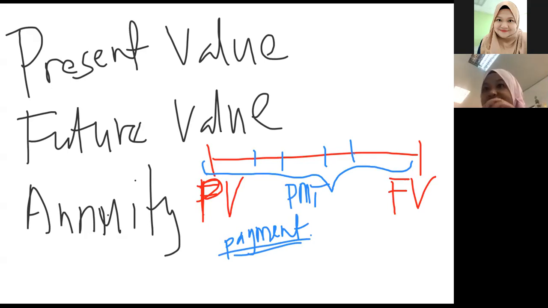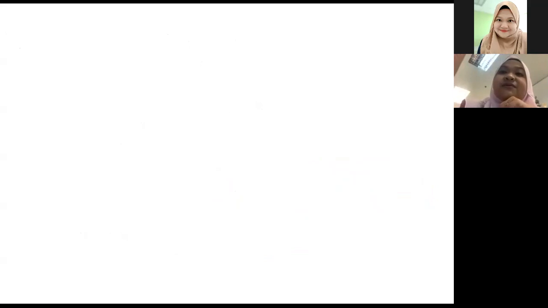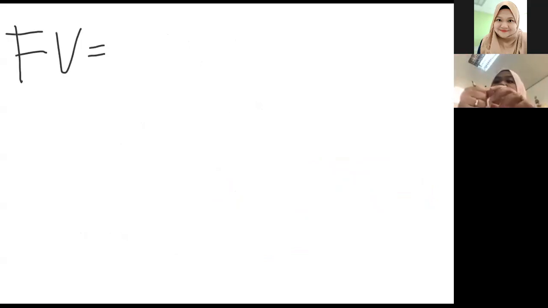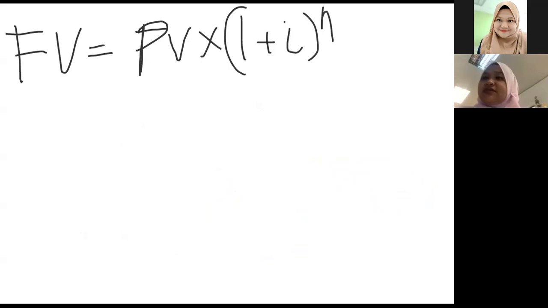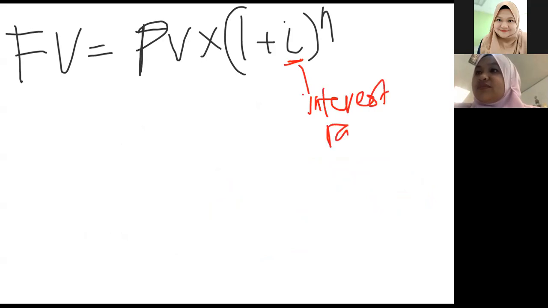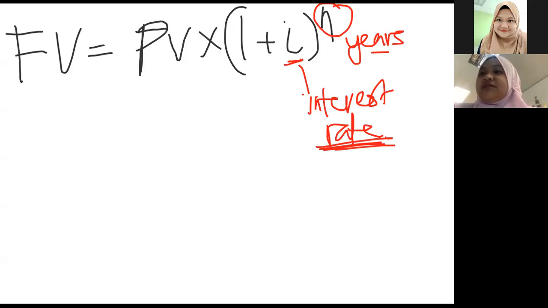All right. So now let us learn about future value first. How to calculate future value? In order for you to know how much is the future value, you need to know the present value. Future value is present value times 1 plus I to the power of n. So what is I, what is n? I is referring to the interest rate, and n is referring to the years, how many years.